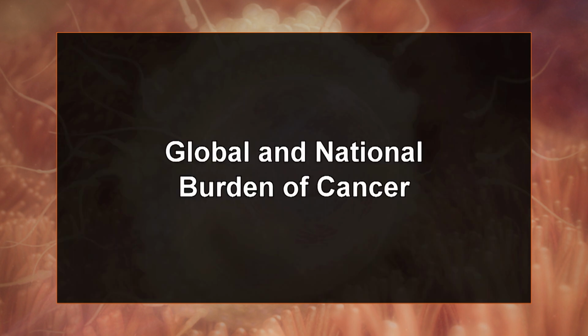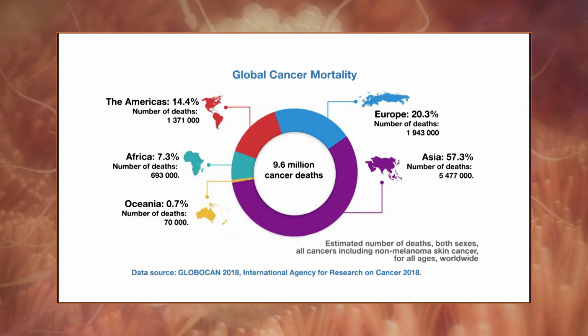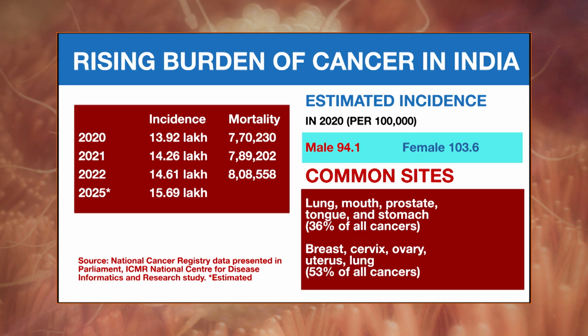Global and national burden of cancer. Cancer claims 10 million lives every year, according to WHO's report 2022, with India reporting over 11 lakh new cases annually. A burden set to grow with aging population and lifestyle shifts.